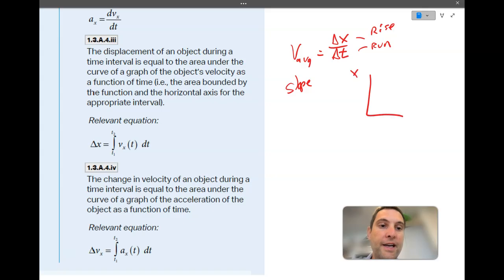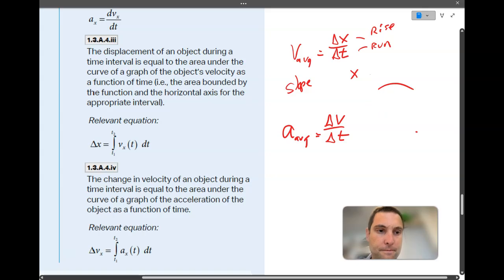So if I were to plot an x versus t, x on my y-axis, t on my x-axis, whatever that slope turns out to be is going to be my velocity. If I go to my average acceleration, and I have delta v over delta t, that would be the same thing, right? I can do a v versus t graph. The slope is going to give me acceleration.